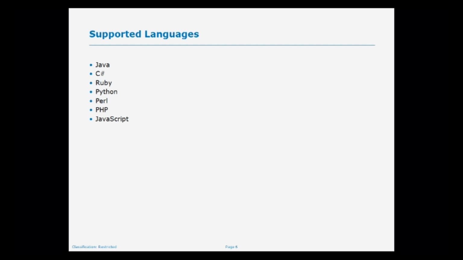Suppose it is built on PHP, we can use Python or Perl also. It totally depends upon what language we are proficient in, in which we can create the test cases. Is it clear?